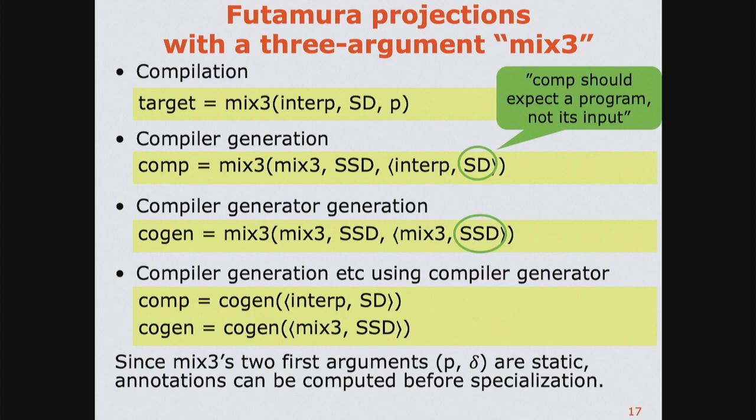Because it tells us that the compiler being created here by mix should expect a program marked by S as input, but not the program's input, which is marked D.